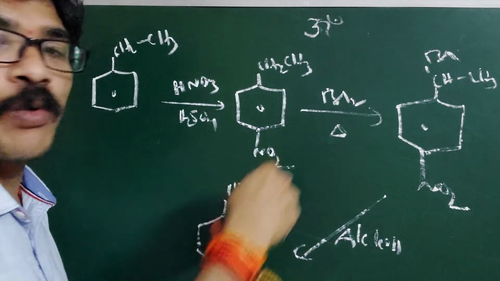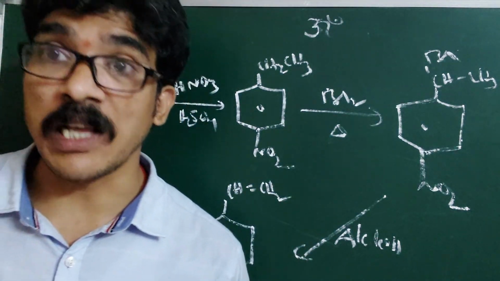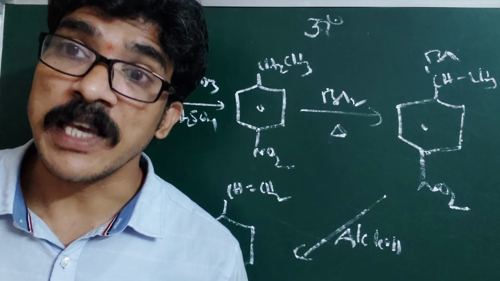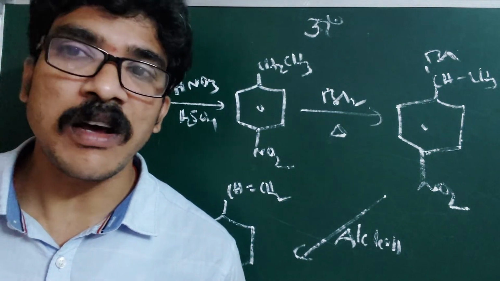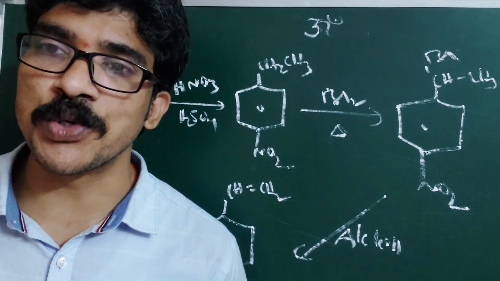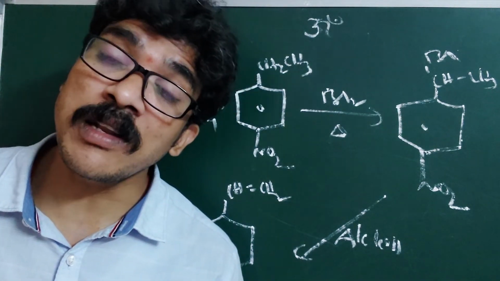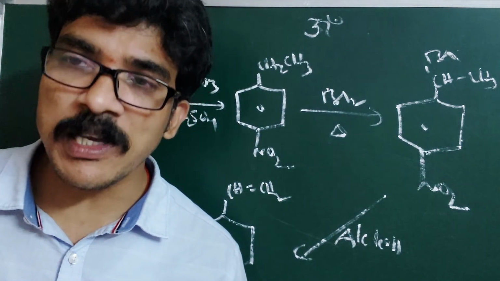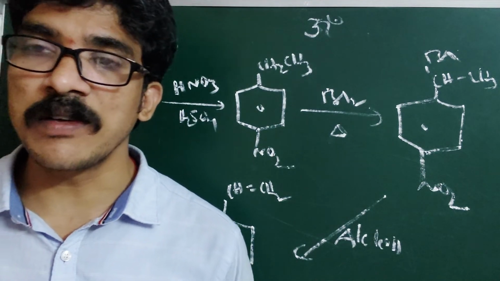Which then reacts with bromine on heating. Bromine with sunlight, chlorine with sunlight, NBS on heating are called benzylic and allylic substitutions. The same bromine with iron, that is FeBr3, would be electrophilic substitution.